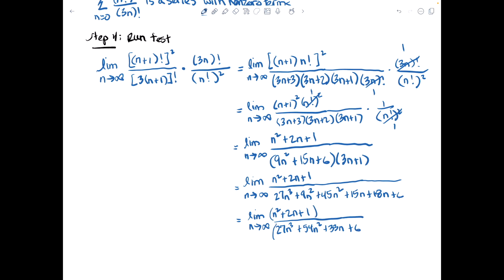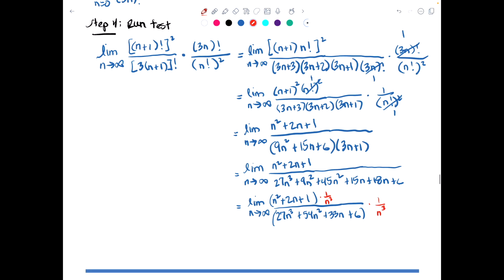Now, when I multiply by 1 over n cubed, because n cubed is the highest power of n in the denominator, then I will have the limit as n approaches infinity of 1 over n plus 2 over n squared plus 1 over n cubed over 27 plus 54 over n plus 33 over n squared plus, oh sorry, the 1 would be over n cubed, my bad.